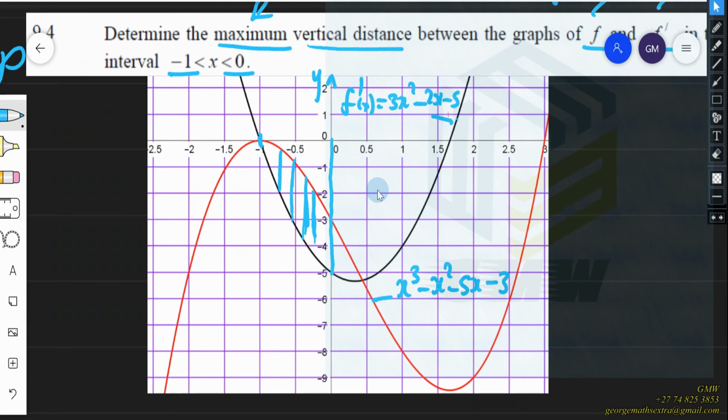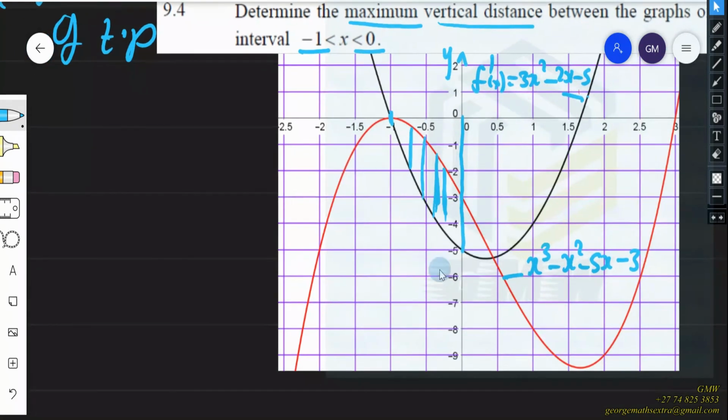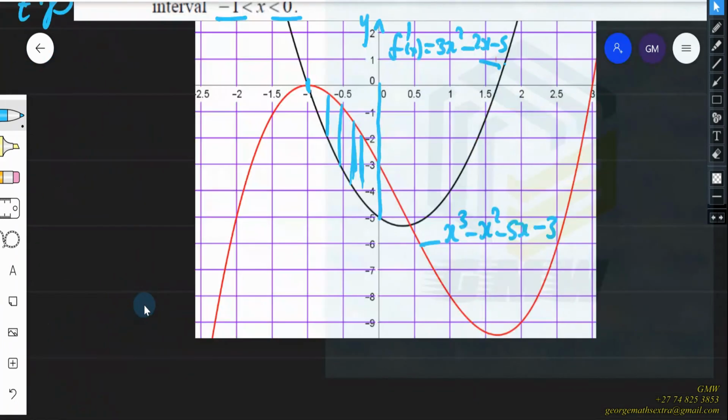Now, to get this vertical distance, you need to remember this concept. If you didn't know, I think after this lesson you should be knowing this.